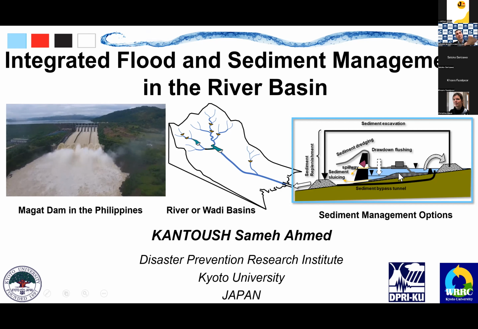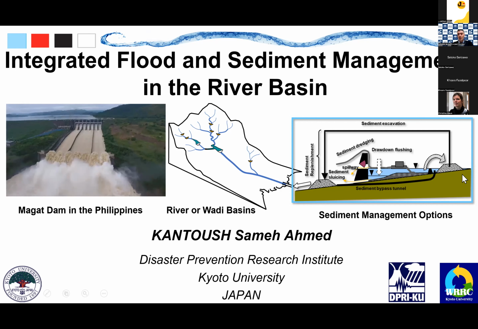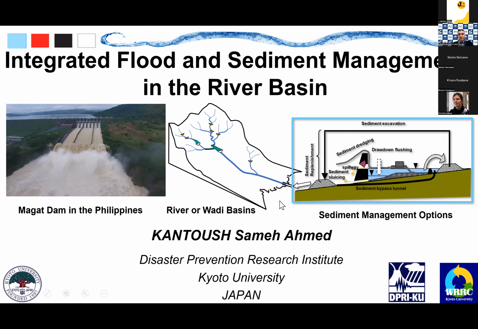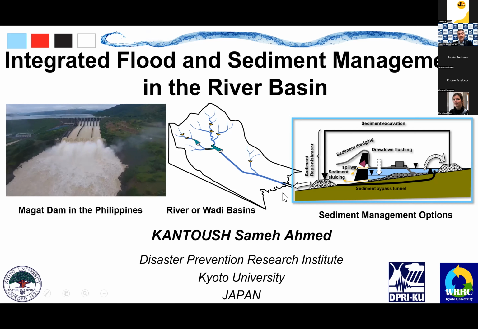Reservoir sedimentation means all coming sediment from the upstream will be deposited in front of the dam itself. And how to manage this sediment in the reservoir or in the upstream reach. This is today's topic. We are calling it integrated, means a comprehensive strategy from the mountain, from the catchment until the seaside for flood and the sediment.